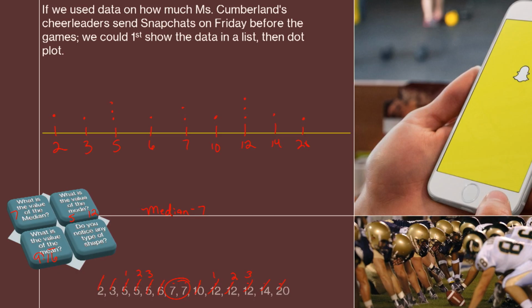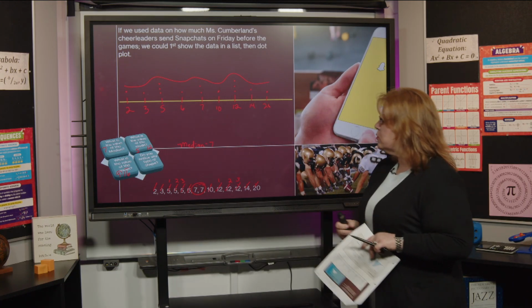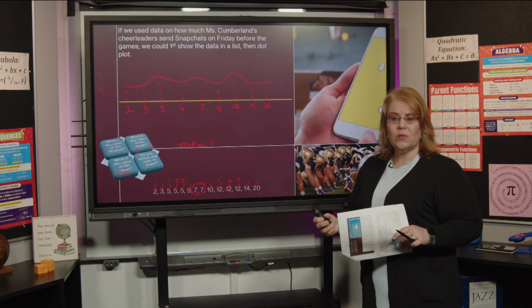So do I notice any specific shape? Not really, because it kind of looks like this. There's not really a definite shape to this data set. So I would say there's not a noticeable shape to my data set. That's what I would say.